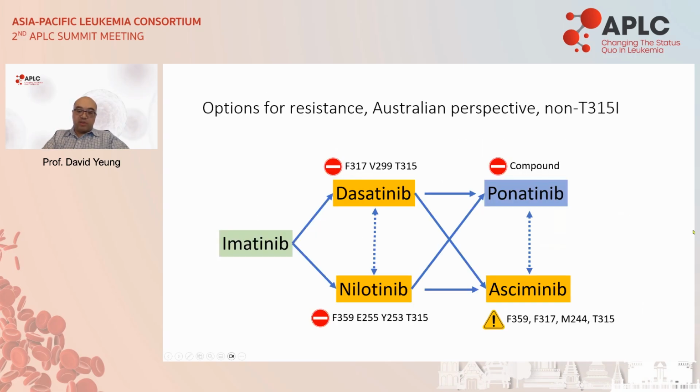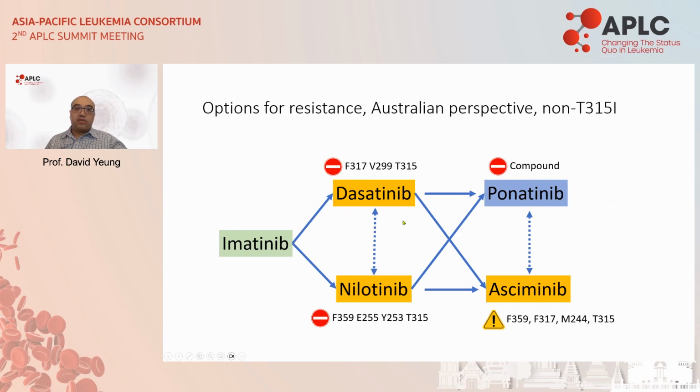This is the Australian perspective of how we think about changing drugs. I think it is pretty similar all across the world, and also in the Asia Pacific region, how ponatinib and asciminib are considered third line therapies. And that is the same with Australia. So if a patient starts off with imatinib, traditionally we would pick a second gen TKI for failure or intolerance.